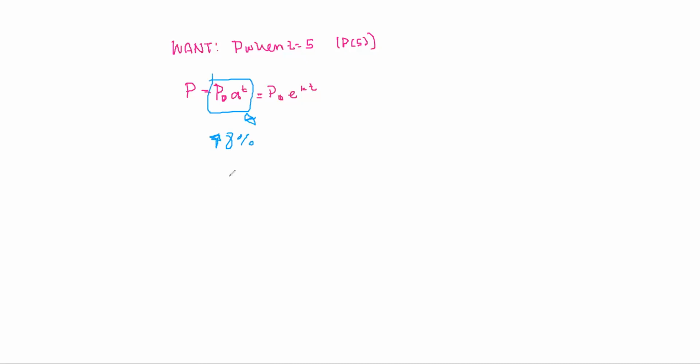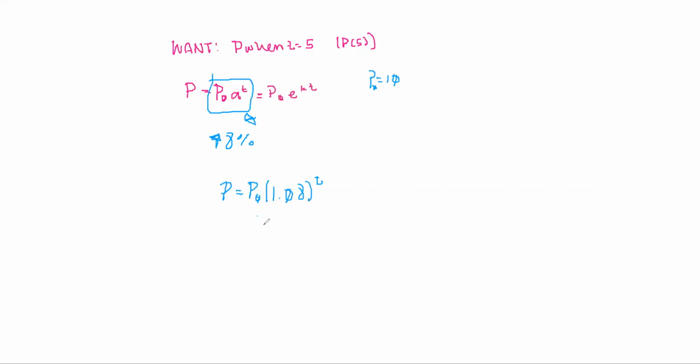1.08. Yep. So our equation is going to look like P is equal to P naught times 1.08 to the T. We know that it's given to us that P naught is equal to 10,000, and in this case I'm just going to do 10, so the answer is going to be in thousands.